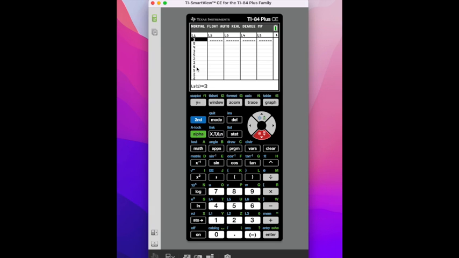Now I have my data pre-populated in my list, but go ahead and pause the video and enter all your data values from this chart in your list 1. When you're looking at the first row of your data, you're going to hit the 3 button, and then hit enter. Then hit the 5 button, and then hit enter.